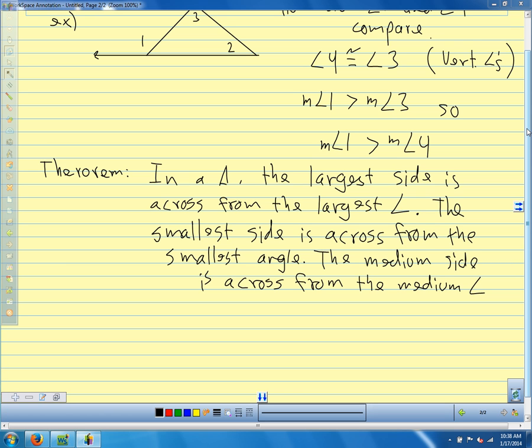So that's going to be our theorem about how the sides and the angles of triangles are related. And what that has to do with this whole section is inequality. So let me draw a picture and we'll write this as an inequality. So here's my triangle. I'll call this triangle ABC.